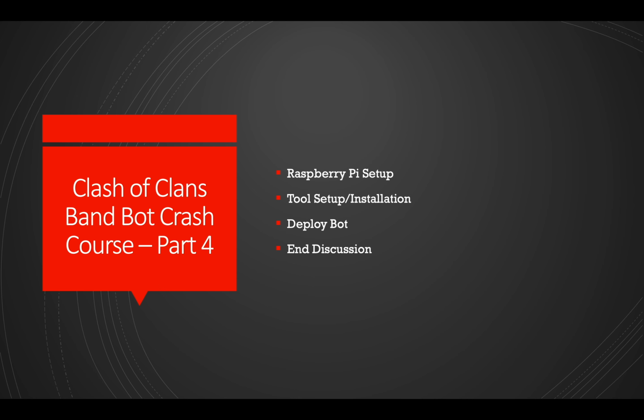And we will do some end discussion that I might have on my head. This is pretty straightforward. I promise I'll try to keep this one shorter than before. I know the previous one was a bit long, but like I said, I had to cover a lot of stuff and I didn't want to leave things behind.